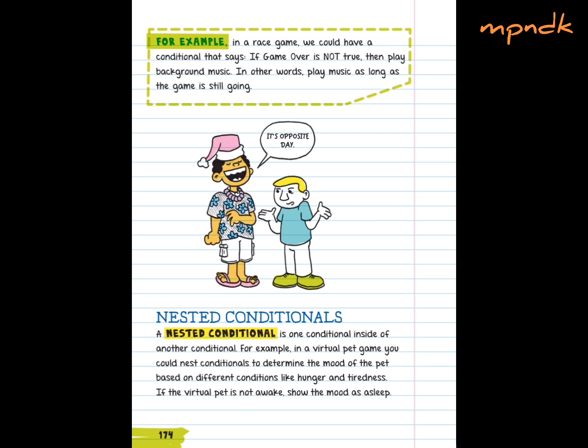Nested conditionals. A nested conditional is one conditional inside of another conditional. For example, in a virtual pet game, you could nest conditionals to determine the mood of the pet based on different conditions like hunger or tiredness. If the virtual pet is not awake, show the mood as asleep.